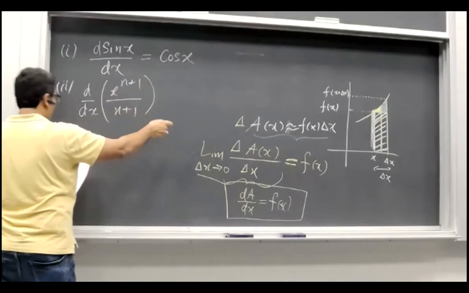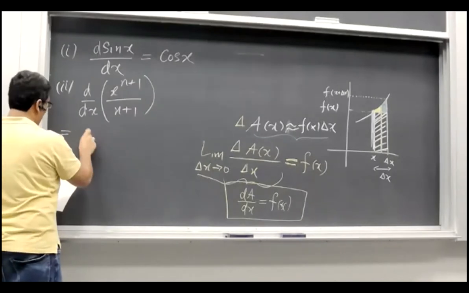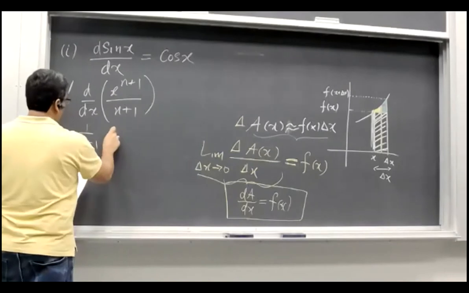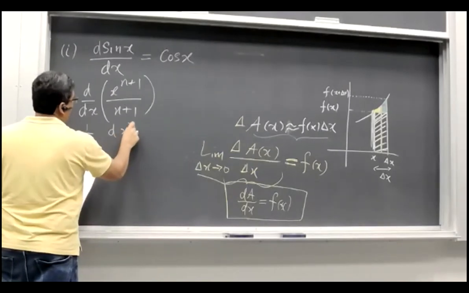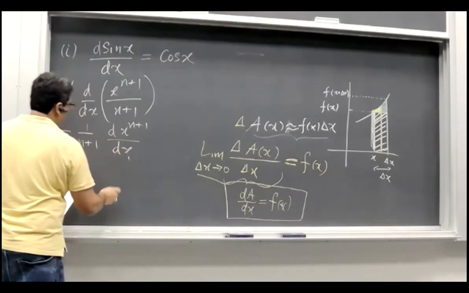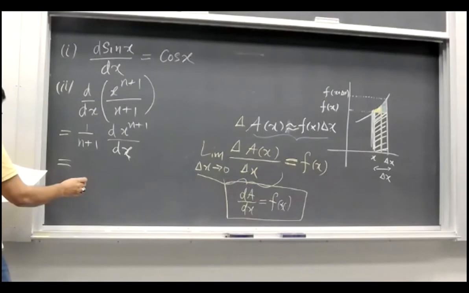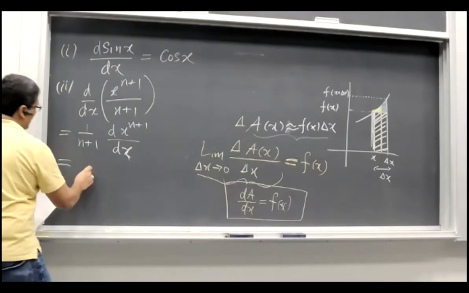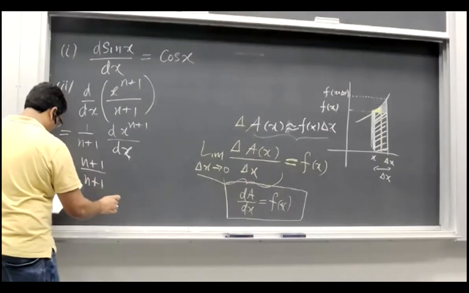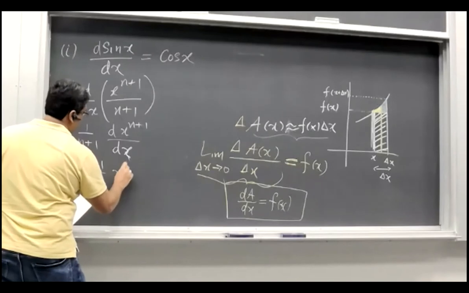Now if you evaluate this derivative, it turns out you have n plus 1 and then the derivative of x to the n plus 1 with respect to x, and then this becomes n plus 1 over n plus 1, and the rest is just x to the n.